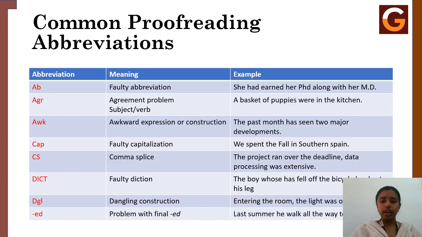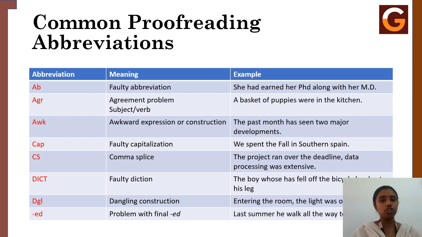And again, as we have symbols, we also have certain abbreviations. So suppose it's AB, which means it's a faulty abbreviation. And if it's AGR, it's the agreement problem where subject and verb don't agree. If you look into the example that's given, 'A basket of puppies were in the kitchen.'